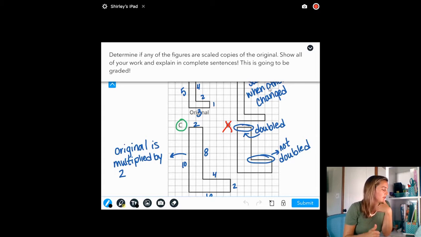Make sure you're reading all of the directions. I want you to pick which one is a scaled copy and also explain how you know it is. Some of you, I already have them submitted in. Make sure you are also explaining.